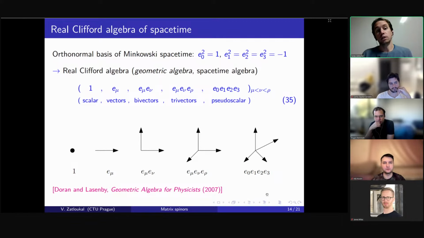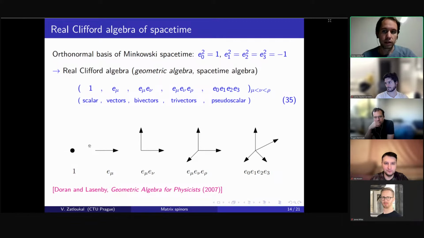Take an orthonormal basis of the Minkowski space-time, E0, 1, 2, 3, and you can form a Clifford algebra over the reals out of these, and this will have 16 independent elements: scalars, vectors, bivectors, trivectors, and the pseudoscalar. And they have a nice geometric interpretation.